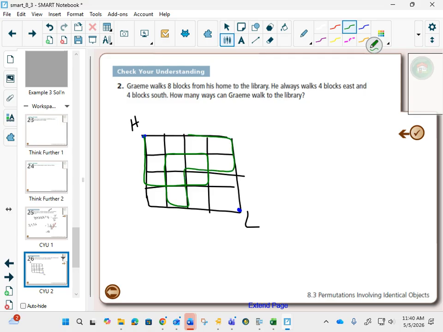That's not how Graham works. We're going to assume Graham is always getting closer to the library. So this isn't one of the paths. However, he could do this. Right? He could do this. He could do that. Or do this. Or do this.